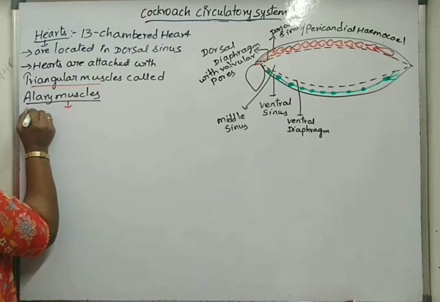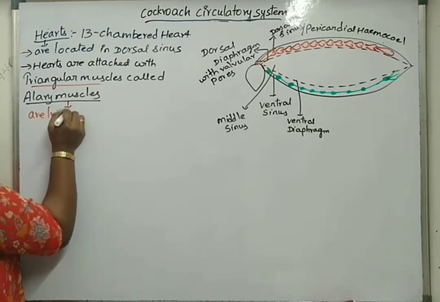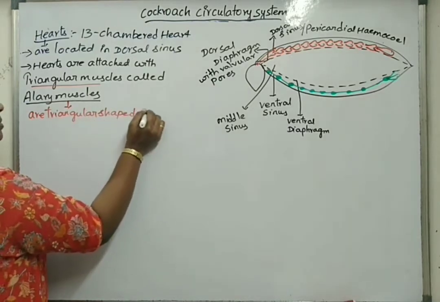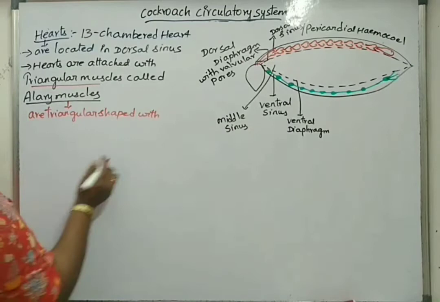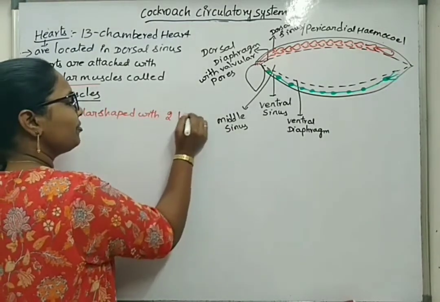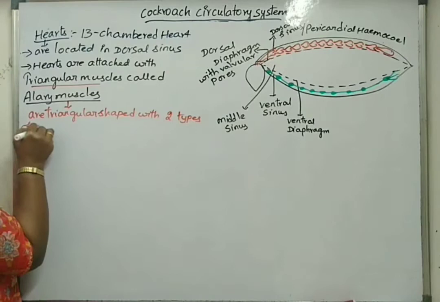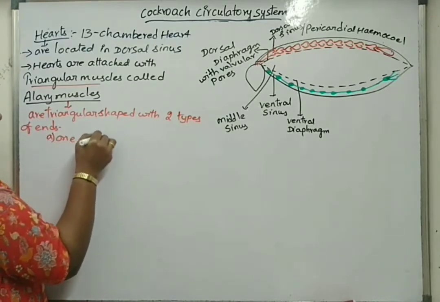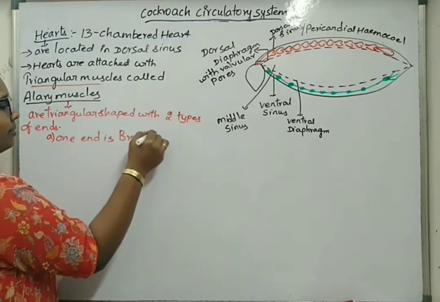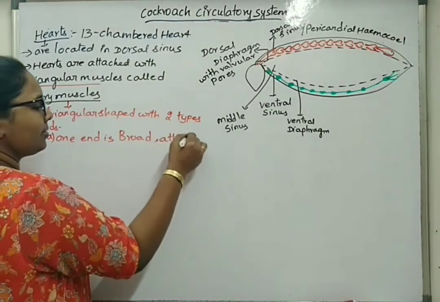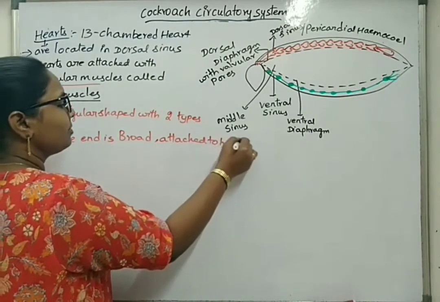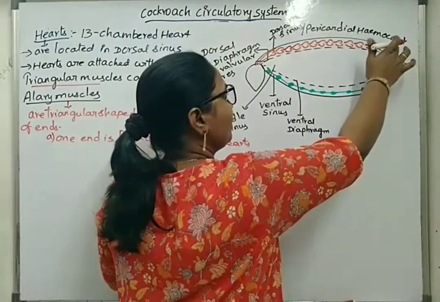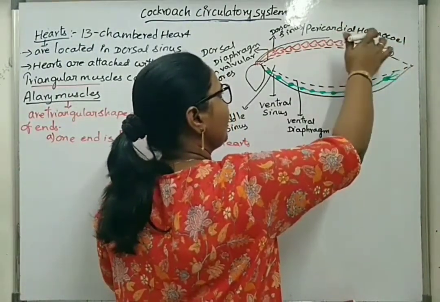Alari muscles are triangular shaped with two types of ends. First, one end is broad, attached to the hearts. Here we rewrite the dorsal chitinous plate, tergum.